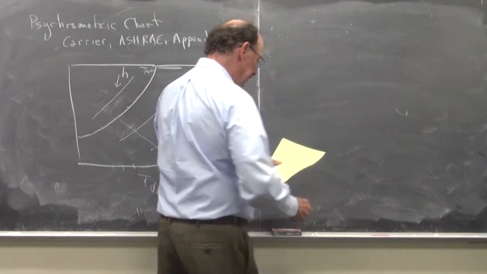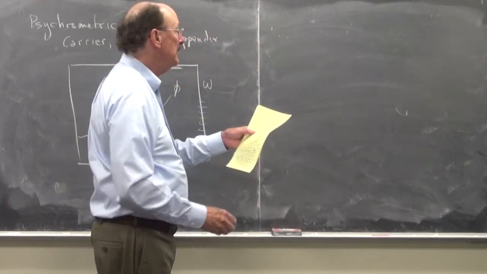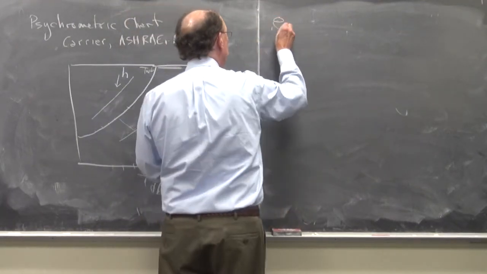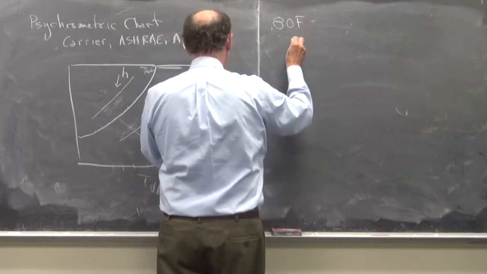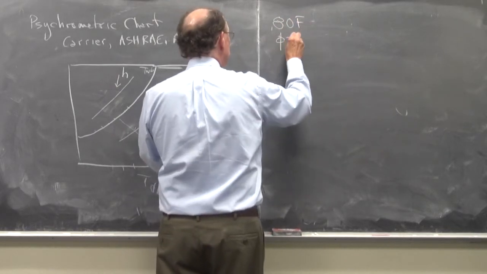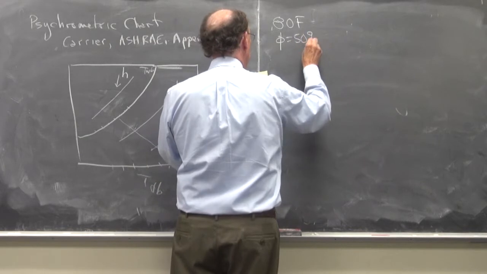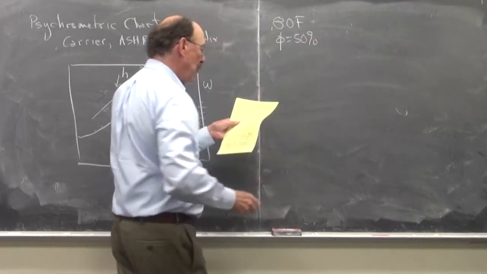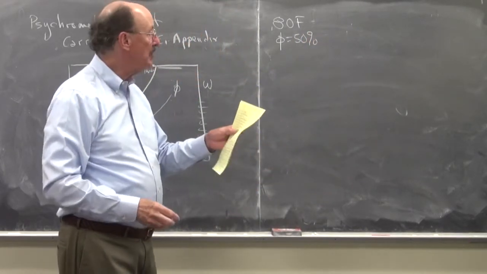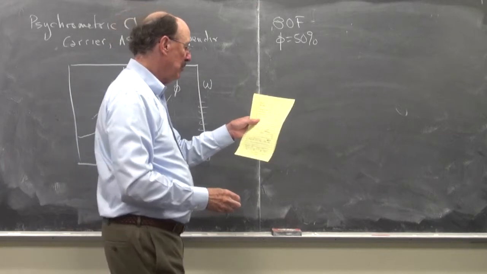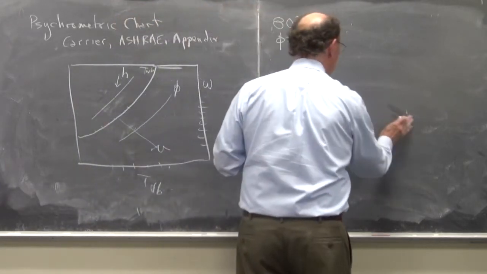So let's say that we have 80 degrees Fahrenheit and relative humidity equal to 50%, and I want to find various properties. So now let's go in and look at how to do this.